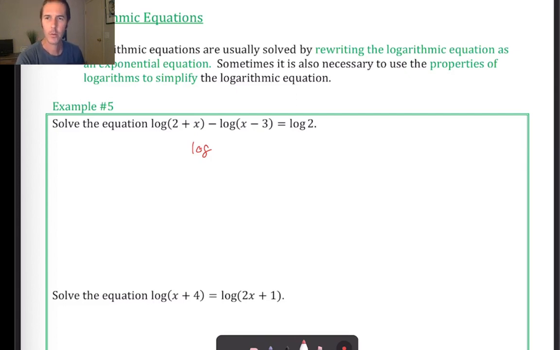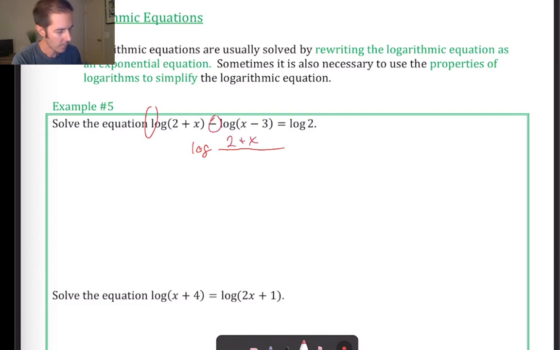So we were about to use the reverse quotient rule on the left-hand side of this equation. We've got log with implied base of 10. Since it's a subtraction problem, that's how I knew it was the reverse quotient rule. With a positive leading coefficient here of positive 1, which is invisible, we know that the 2 plus x goes into the numerator.